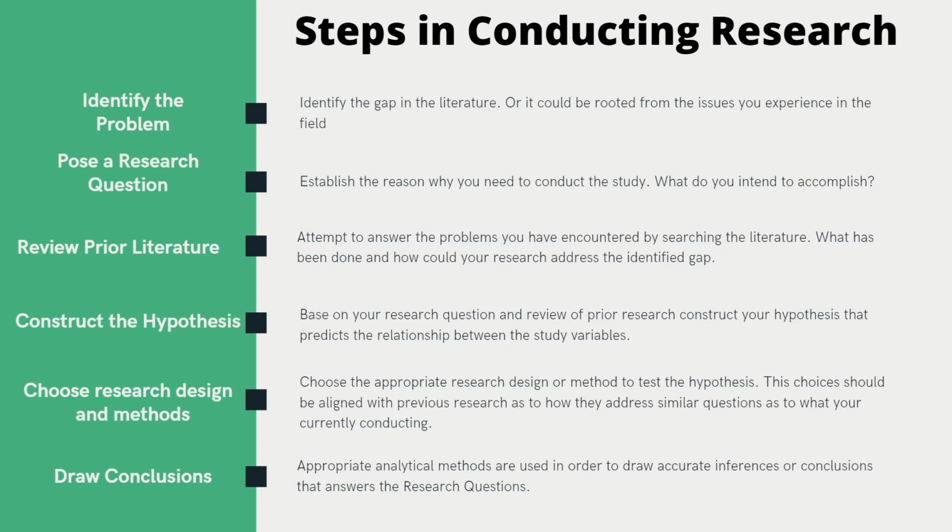This is a very important step in the quantitative research method. After searching the literature, you try to identify the variables that are important and then look at the research questions that you have established. Then review prior research, construct your hypothesis, and try to predict the relationship between the study variables.